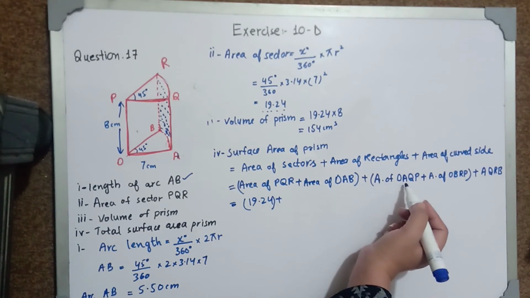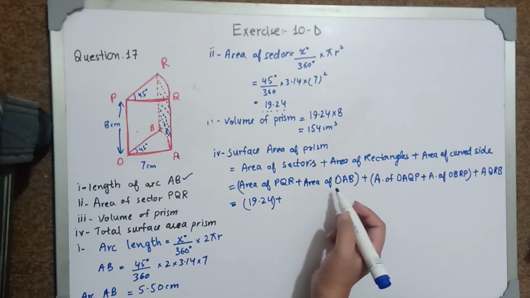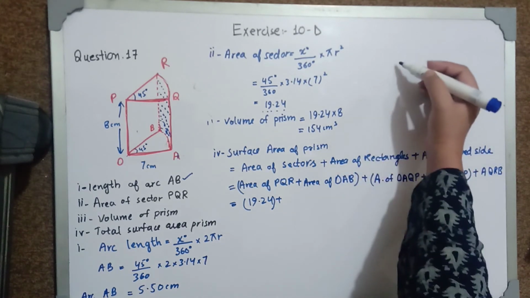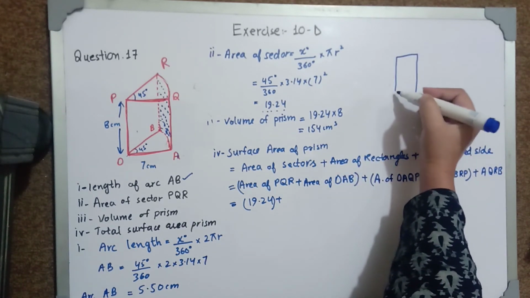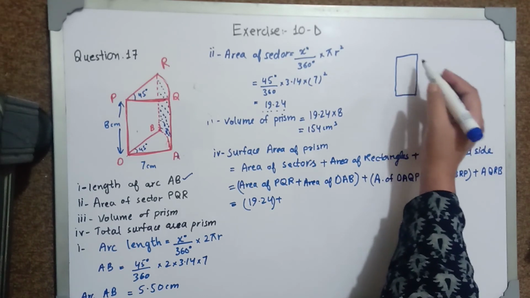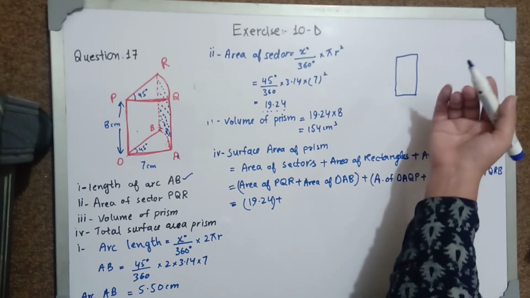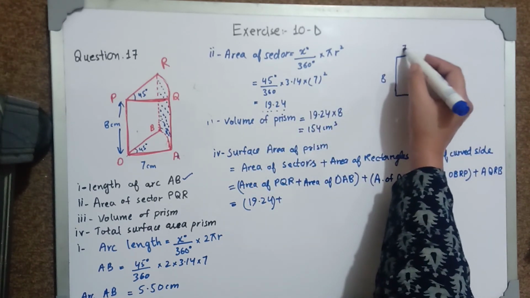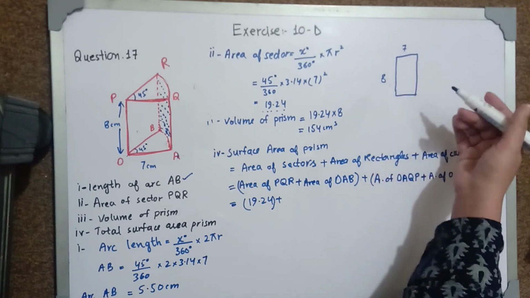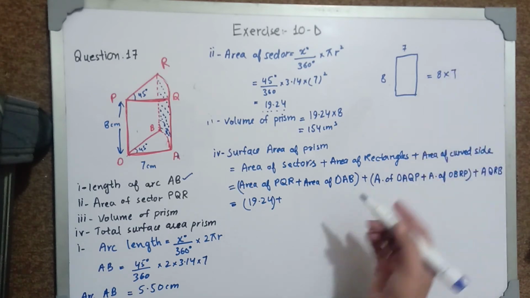the next one is area of rectangle OAQP, right? So we know how do we find the area of a rectangle? Basically we have in a rectangle four sides, but it's different from a square because all the sides are not equal, but two opposite sides are always equal. So let's say we have the length 8 and width as 7. So to find the area of rectangle, we multiply these two sides, 8 into 7.